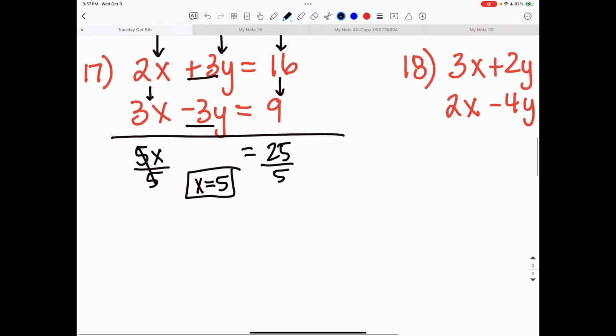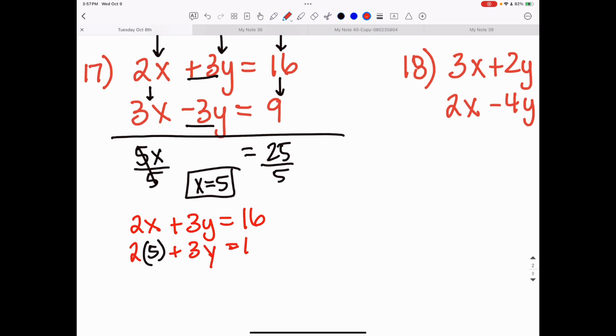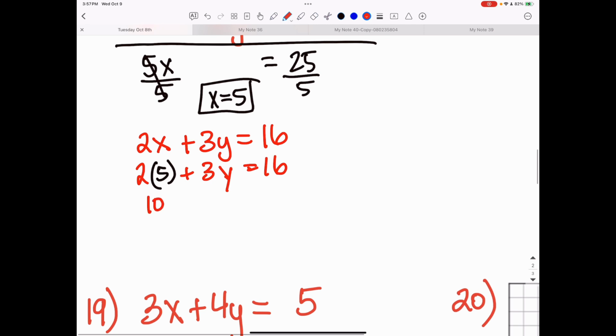When I want to plug this back in, I can say, okay, any equation that I have so far works. 2x's plus 3y's equals 16. But now I know x's are 5s. So I'm not going to say x's, I'm going to say 5s because I've already figured out that x's are 5s. Okay, let's see. 2 times 5 is 10 plus 3y equals 16.